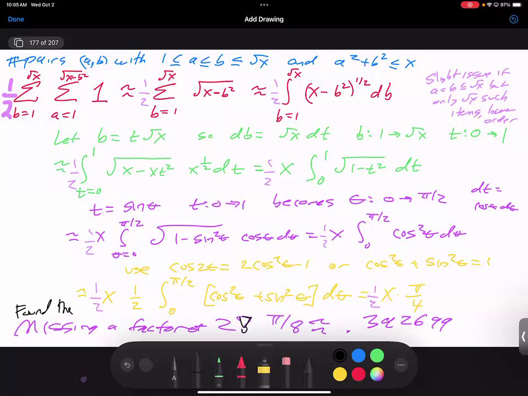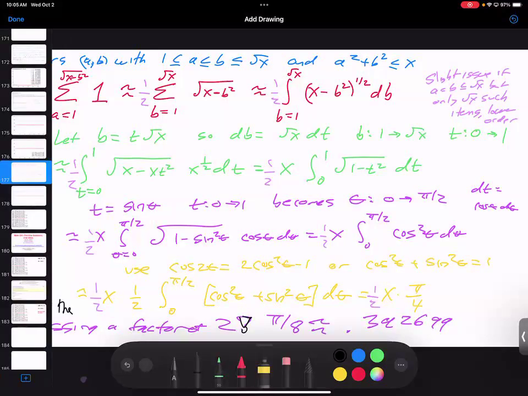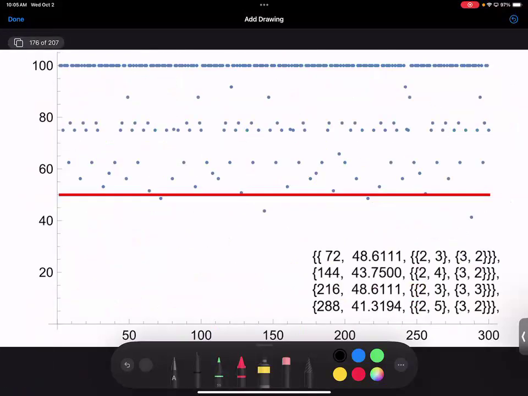About 0.392699 times x. So as x grows, not surprisingly, we get more pairs. And the number of pairs grows linearly with x. It grows like about 39.26%.